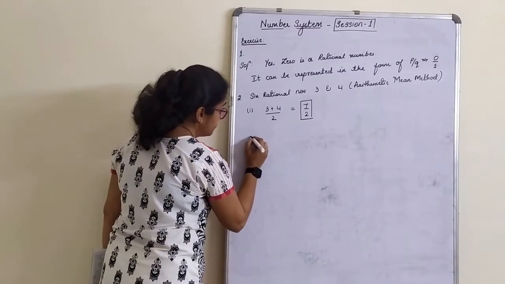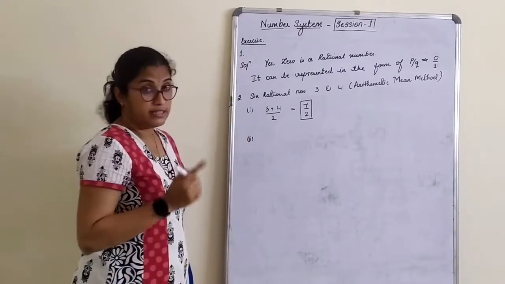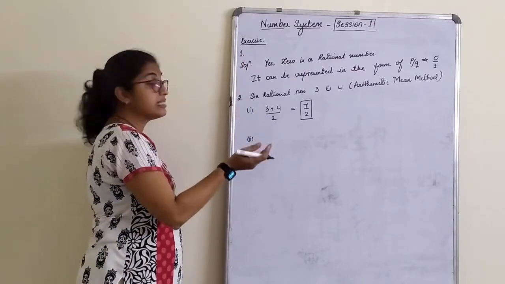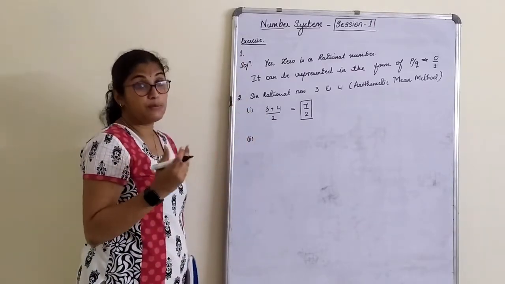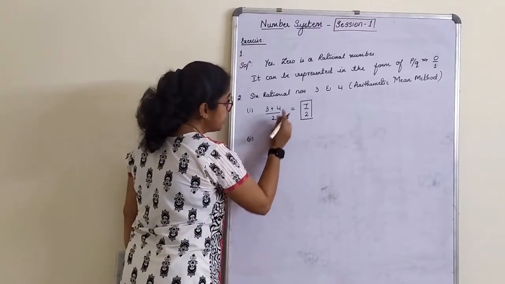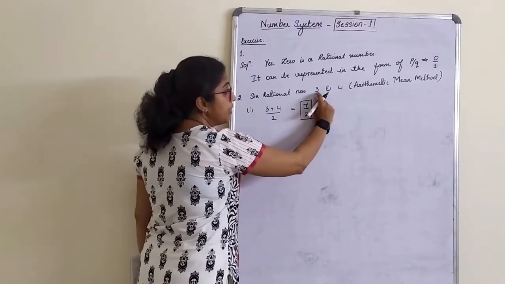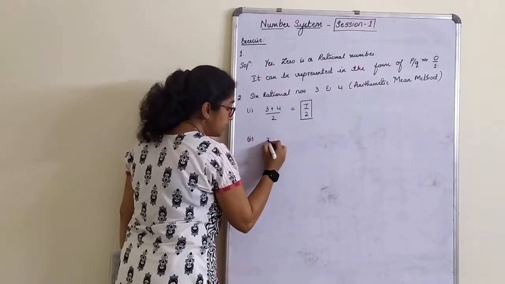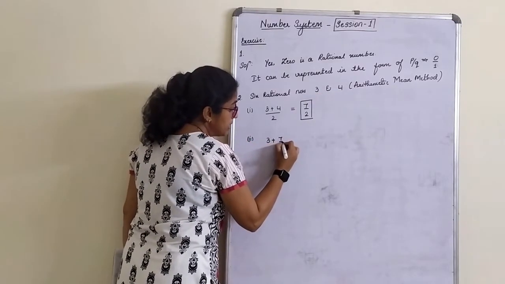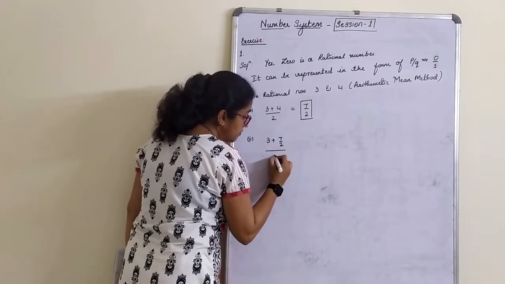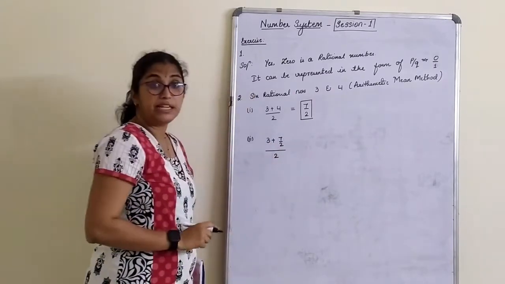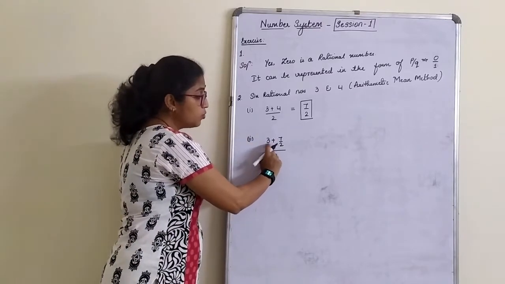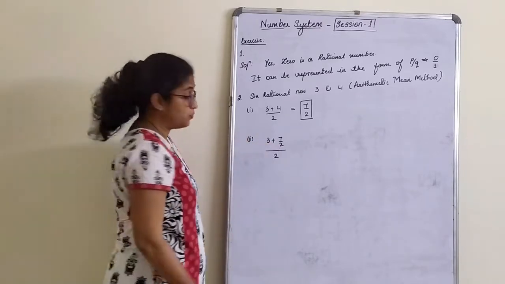Second part. One thing you always remember, numbers are outside the margin. Inside the margin are always the sub-questions. 7 by 2 you got. You want numbers between 3 and 4, right? So take the first term here, 3 plus 7 by 2, divided by 2. Why divided by 2? I am taking the mean of two numbers. That is why divided by 2.